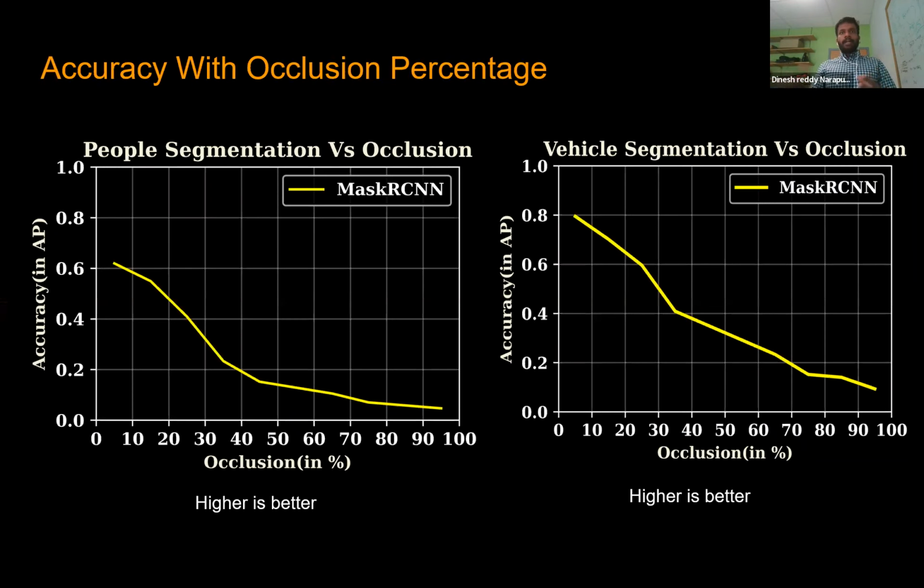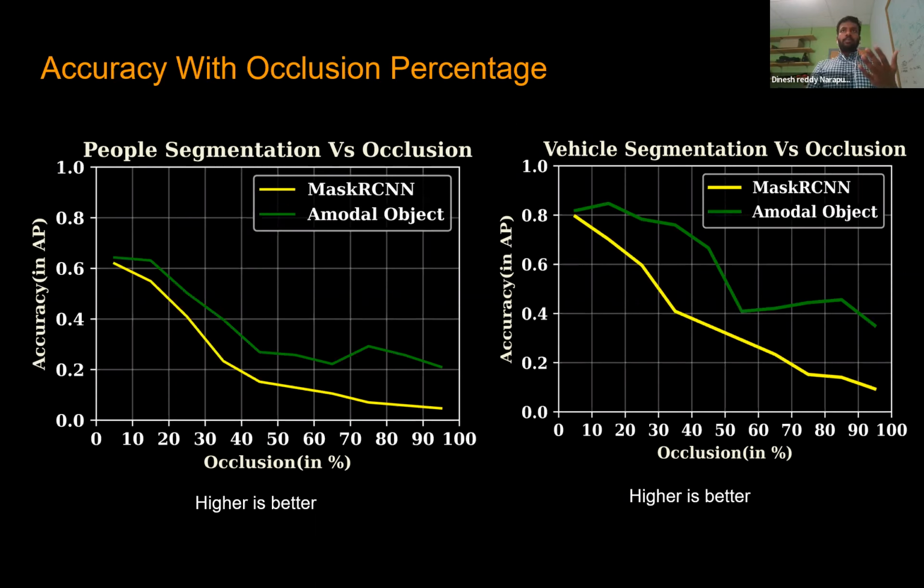So again, coming back, as I was saying earlier, we always evaluate with respect to occlusion percentage. As you see, with increasing occlusion percentage, Mask R-CNN drastically drops. But in our case, we are able to do amodal object segmentation using our amodal object pipeline.